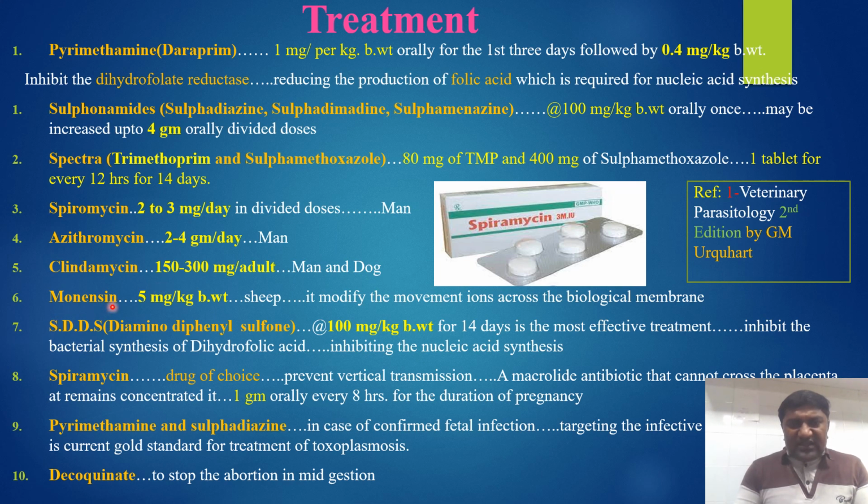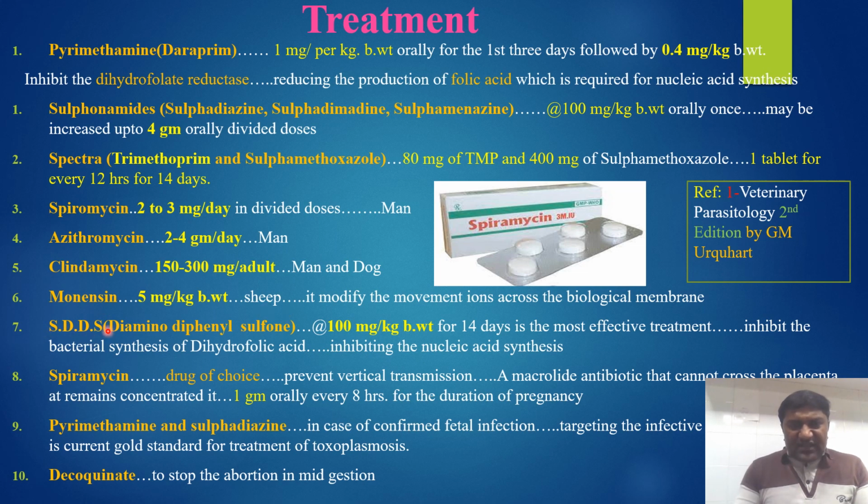And monensin is important; the dose rate is 5 milligram per kg body weight in sheep. Its mode of action is that it modifies the movement of ions across the biological membrane, and it is helpful in stopping abortion in sheep.